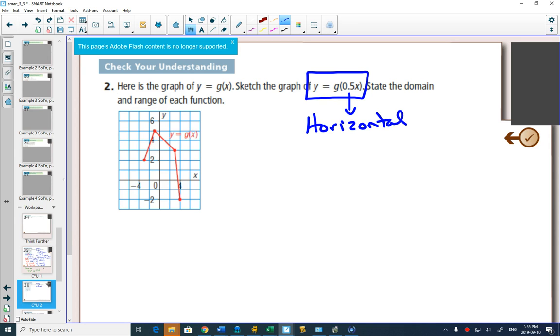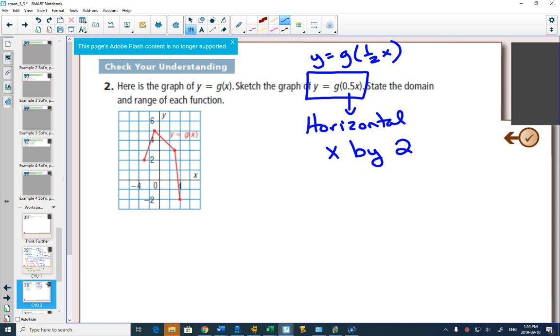we know it's going to be horizontal. The question is, is it a stretch or is it a compression? Well, we would multiply x by... maybe this is even easier to think of if you change that half to a fraction.